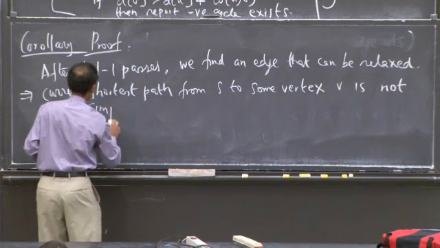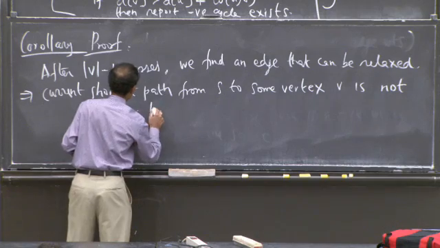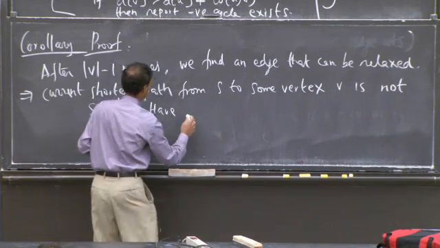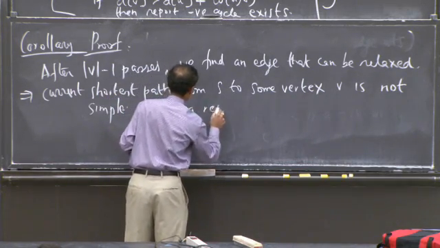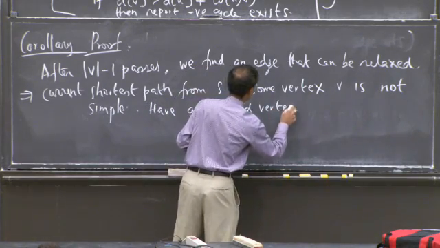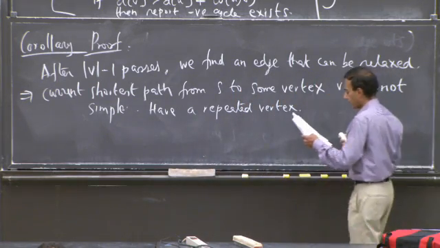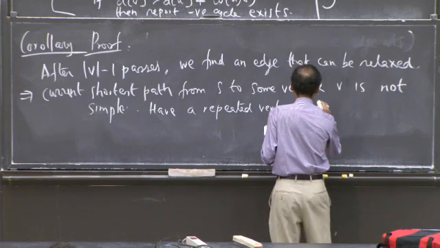Once I've relaxed this edge, I have a repeated vertex. Right? So that means it's not simple to have a repeated vertex. That's the same as I found a cycle.